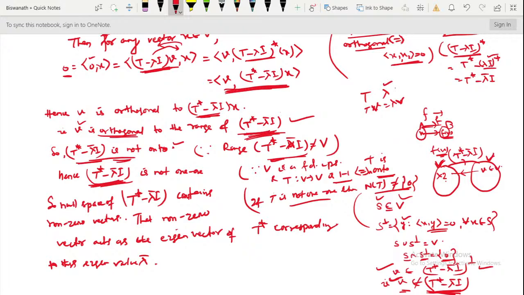Lambda is its eigenvalue and v is its eigenvector. And I am saying that T star also has an eigenvector, which will be that v, with the corresponding eigenvalue lambda bar.